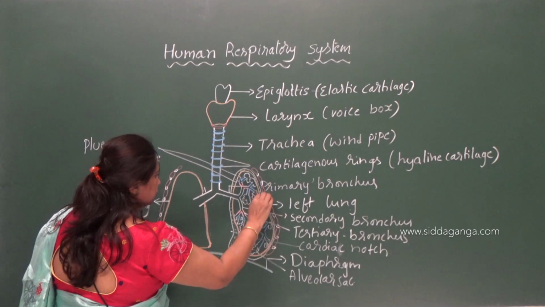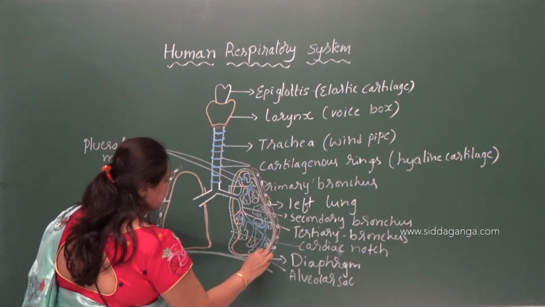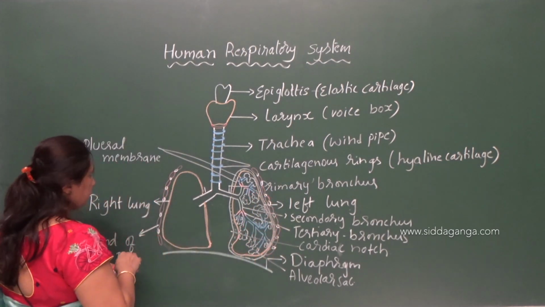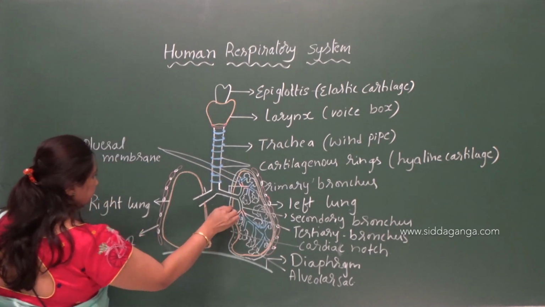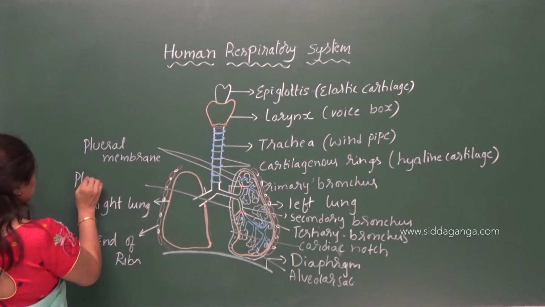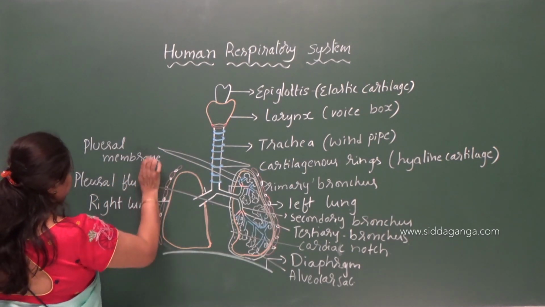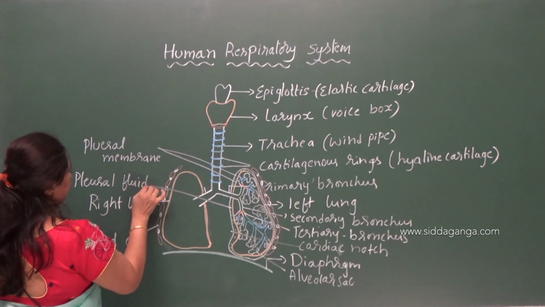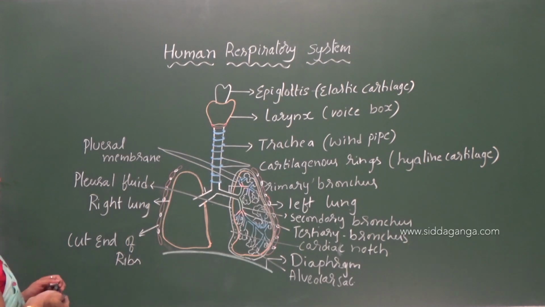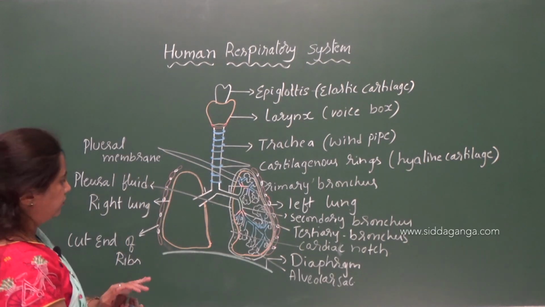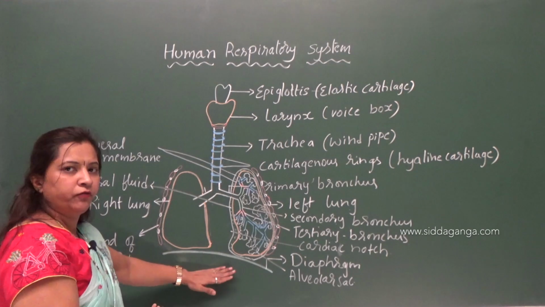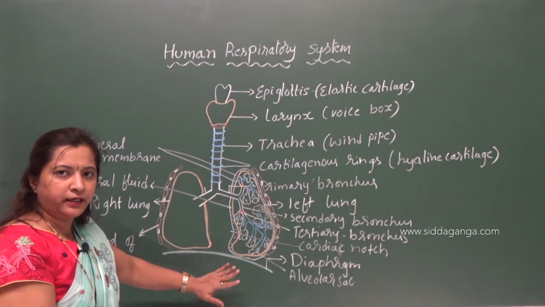So this narrow space between the two pleural membranes is filled with pleural fluid. Okay. So this is the diagram of the human respiratory system.